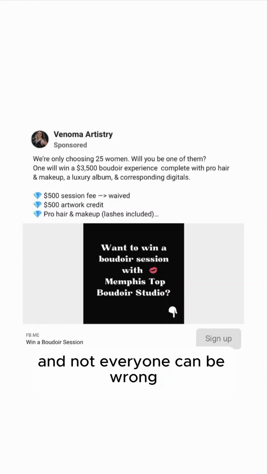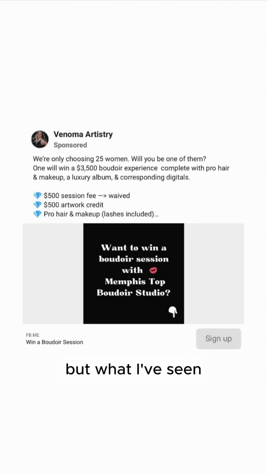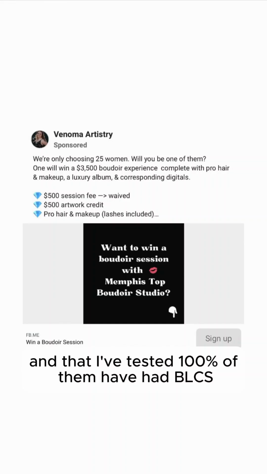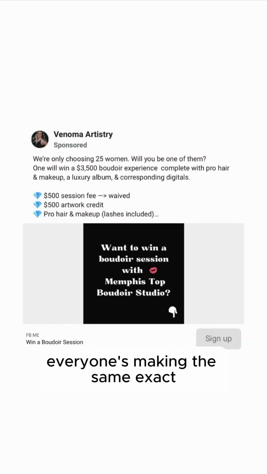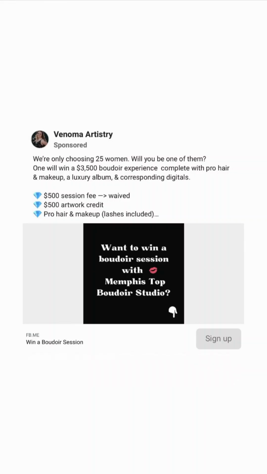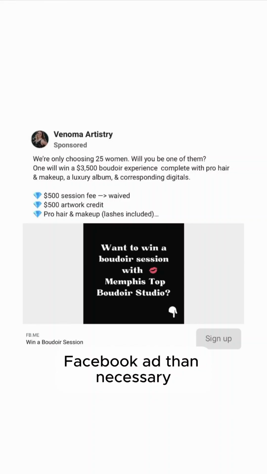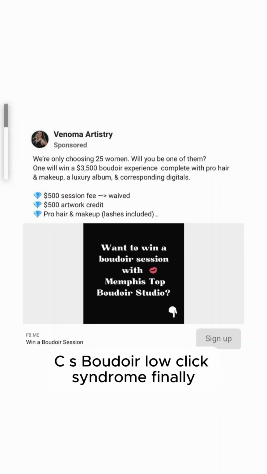They look like ads as well, and not everyone can be wrong, can they? But what I've seen, in all the Boudoir Facebook ad backends I've seen and tested, 100% of them have had BLCS, Boudoir low-click syndrome, because everyone's making the same exact mistakes as everyone else. So the consequence is way more women scrolling by our Boudoir Facebook ad than necessary, pulling our unique CTRL under 6%, and increasing the probability we have BLCS, Boudoir low-click syndrome.